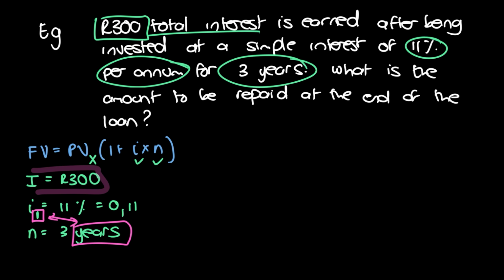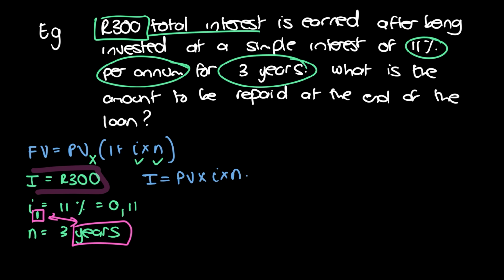So what do we know about I? Do we know any formulas that include I? So we think about that and we go, oh, well, we actually do know. Let's use a proper pen, not a highlighter. We do know that I is equal to PV times I times N. Okay, and then we're like, okay, well, what information do we have?